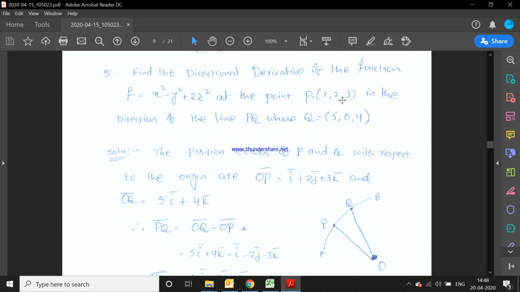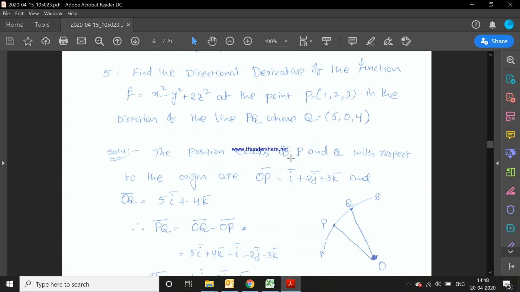Next, OP bar: here the X value is 1, Y value is 2, Z value is 3, so we can write I bar plus 2J bar plus 3K bar as OP bar.